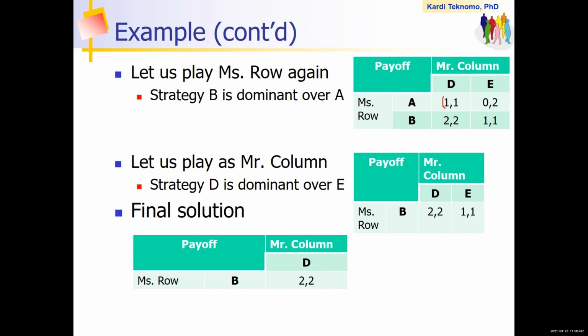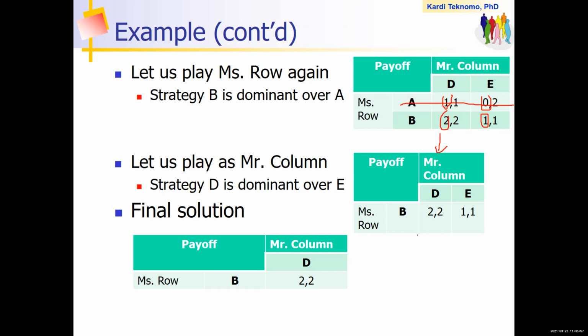So 1 compared to 2, 0 compared to 1. Of course, A is a dominated strategy, a very stupid strategy, don't play it. So you get this result now.